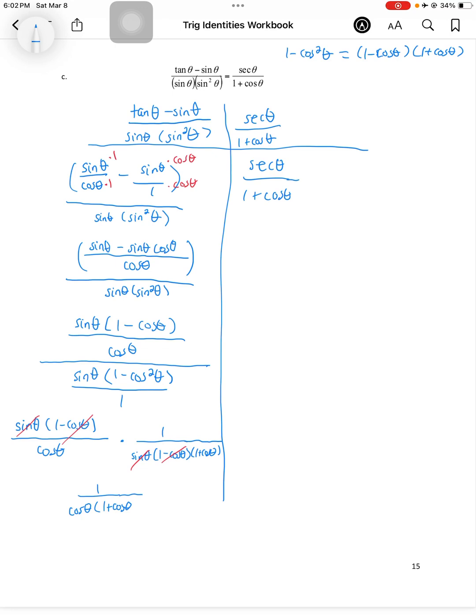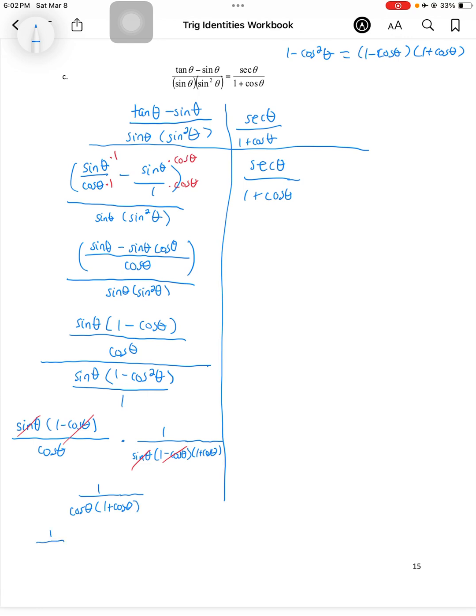So the right-hand side, we have secant theta over 1 plus cos theta. And if you recall, secant theta is the same thing as 1 over cos. So we actually have that here. We just need to break it up so you could see it. So this is the same thing as 1 over cos theta times 1 over 1 plus cos theta. So we're just separating these fractions so you could see it play out.